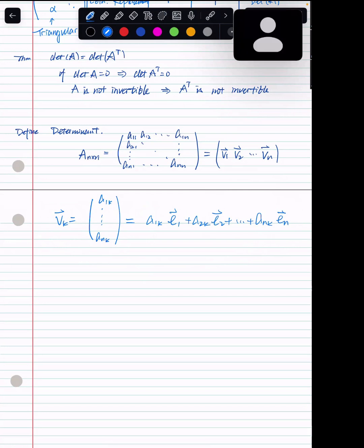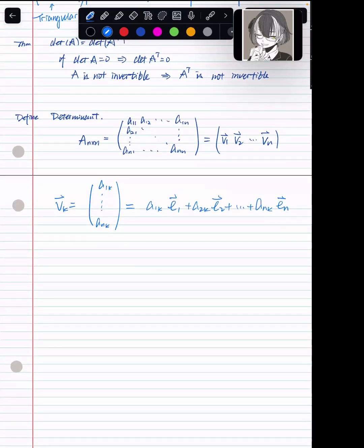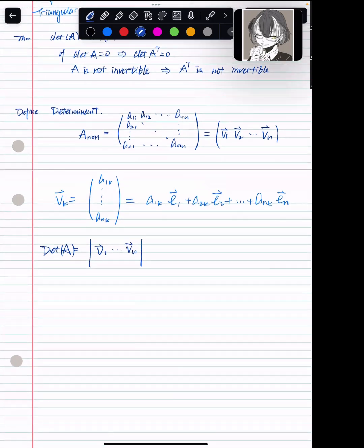Great. Now we can rewrite this determinant of A. The determinant of A would be equal to the determinant of these vectors, V1 through Vn. And for the first vector, this is like a sum of different things.